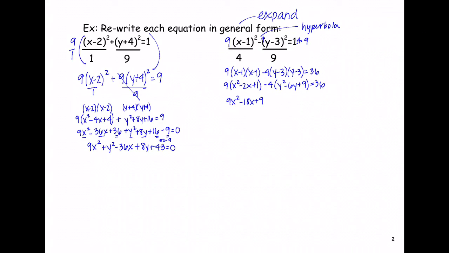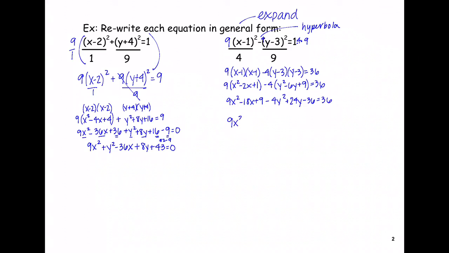Distribute your negative 4 and you get negative 4y squared plus 24y minus 36 equals 36.